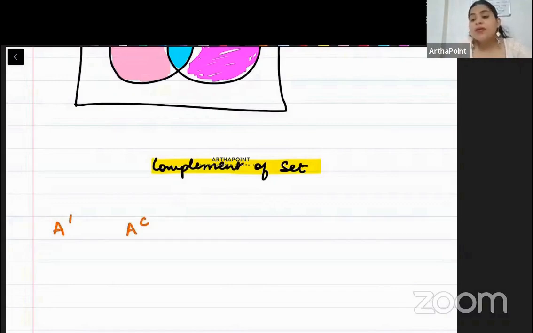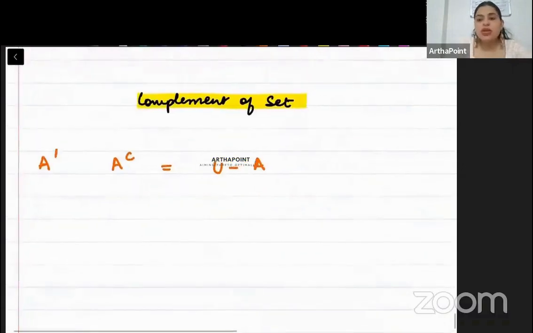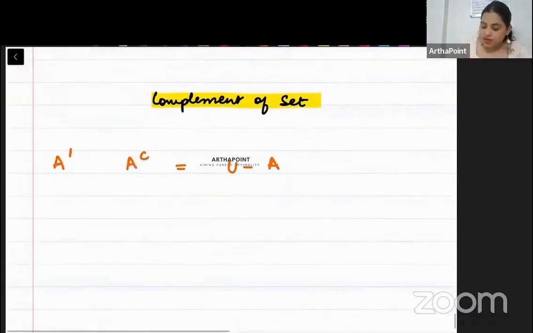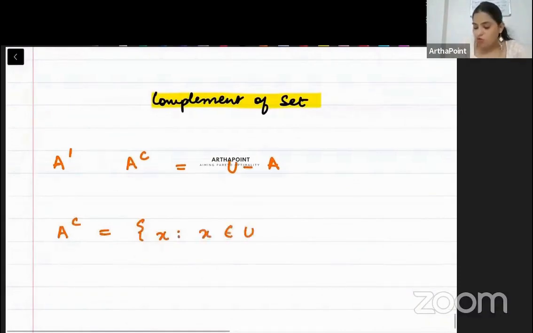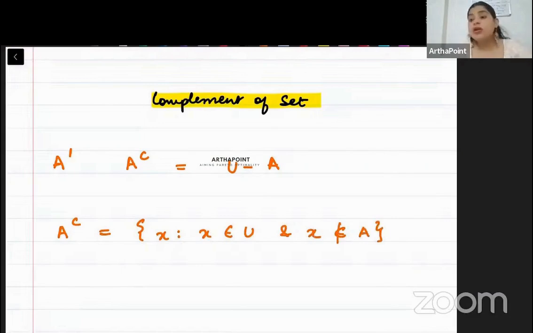A complement means everything except A. So it is nothing but the universal set minus A. A complement is the universal set minus A. So I can say that A complement is all X such that X belongs to the universal set and X does not belong to A. Those X's should not be a part of A. If I remove the X's that belong to A, then I will be left with A complement.